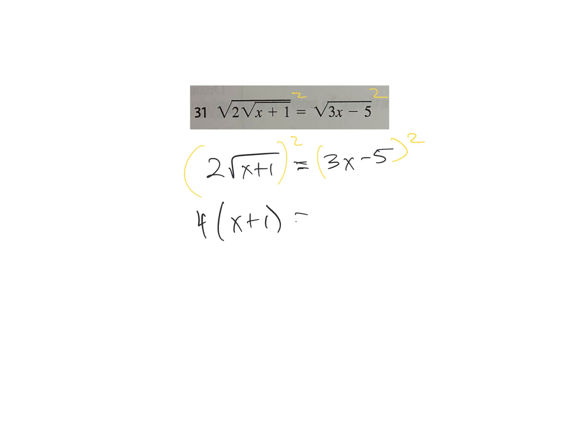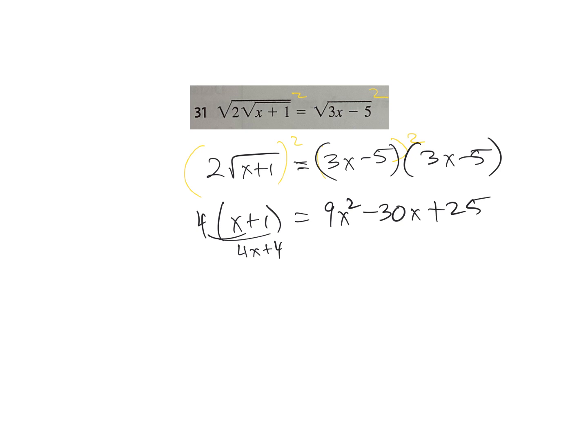The radical is gone. On the right, you have to take it by itself. So that's 9x squared and minus 30x, 15 and 15 is 30, and plus 25. Distribute 4x plus 4. And now let's subtract 4x to the right and subtract 4 to the right.